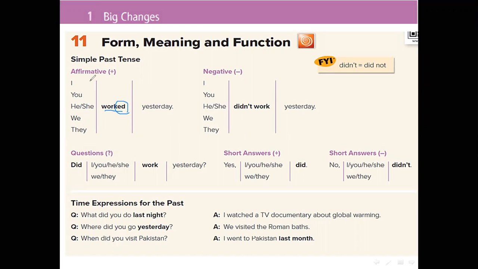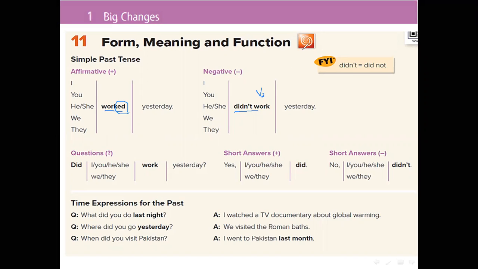How to change affirmative into negative? We should add didn't plus verb in infinitive form. Infinitive form means the verb without any addition, without s, without ing, or without ed.